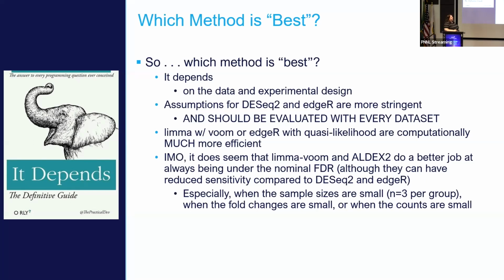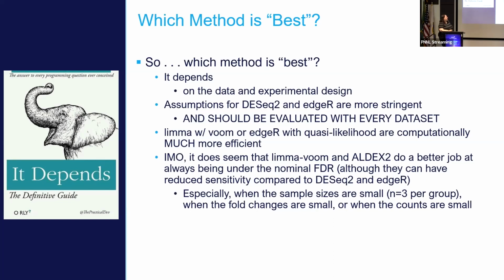So when you have your data, you're going to think about things. The assumptions for DESeq2 and EDGE-R, these are highly complex models. And like I mentioned at the beginning, they're sort of just wild, wild west. So you have very stringent assumptions. We looked at some of those variance versus mean plots. We talked about that most of your genes, you should be expecting a majority of them are not differentially expressed, right?